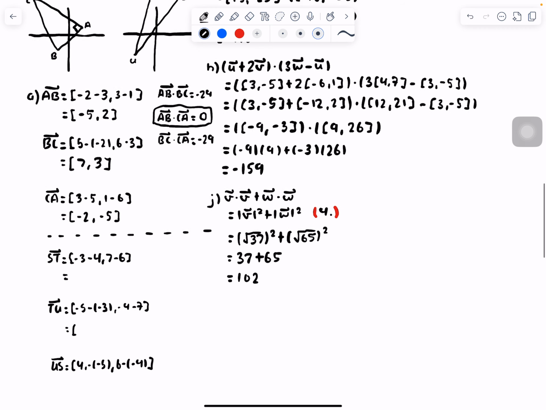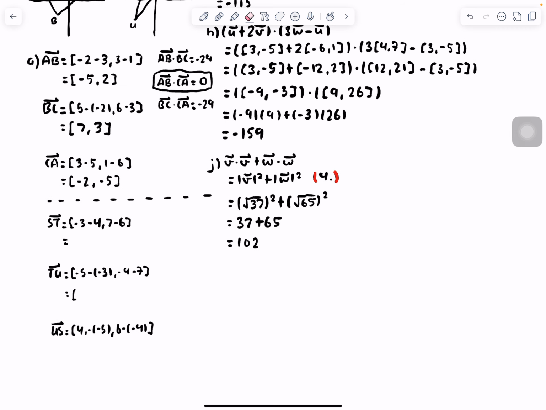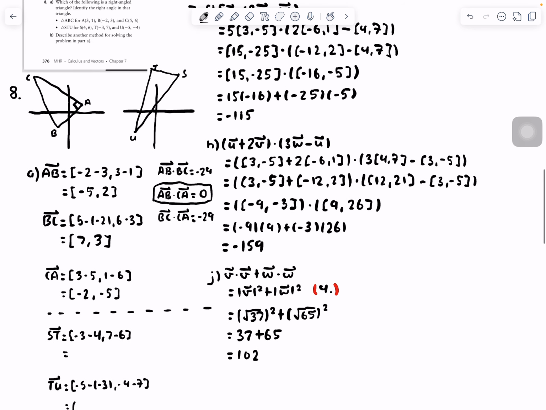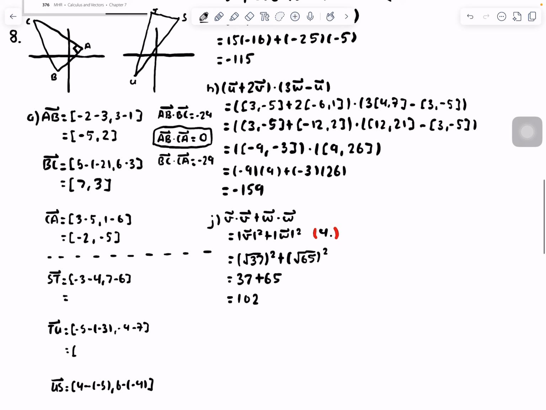Let's just see if that one makes sense. Oh, I have an unnecessary comma here. That shouldn't be there. We have 4 minus negative 5, yep, and 6 minus negative 4. Yep, good. Okay.